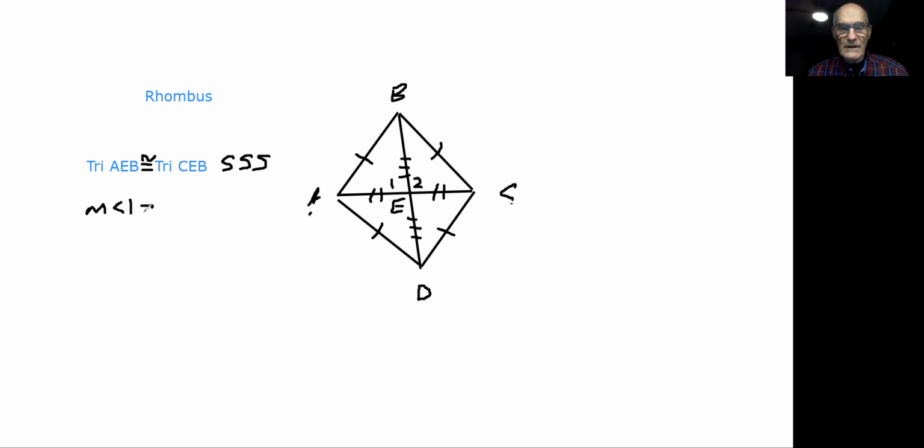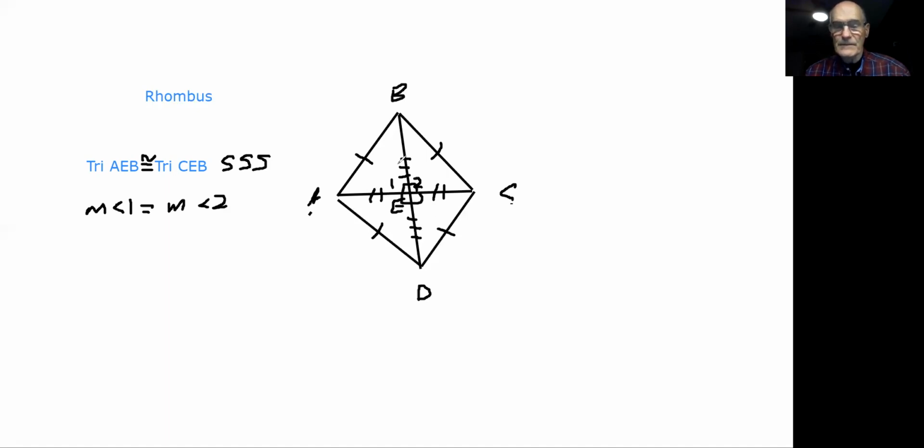Since these two angles form a linear pair, they add to 180. So if they add to 180 and they're equal, each one is 90. So the diagonals of a rhombus are perpendicular. I can draw my squares around there.